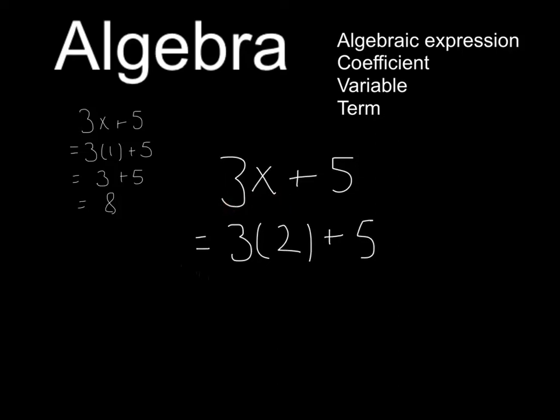So 3x becomes 3 multiplied by 2, and the 5 stays the same. So that's equal to 3 by 2. What's that? That's 6 plus 5. We haven't changed the 5 at all, it just came straight down there. And the 3 by 2 became a 6. And that's equal to 11 now.